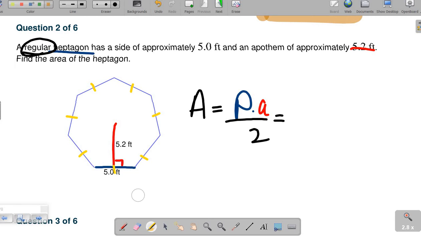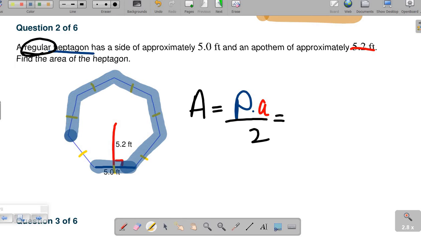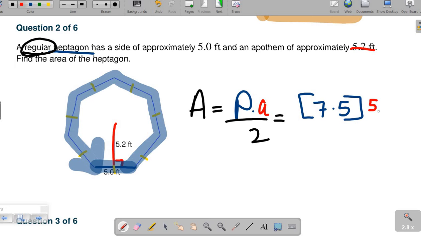Perimeter, always, always, always physically trace the perimeter. 1, 2, 3, 4, 5, 6, 7. So my perimeter is 7 sides times 5. That's my perimeter. Times my apothem, which is 5.2, over 2.